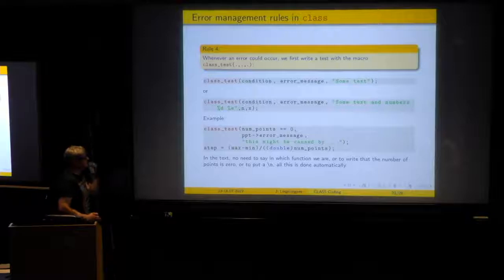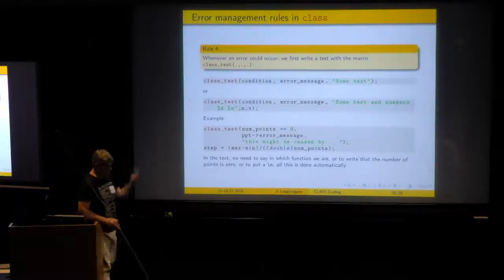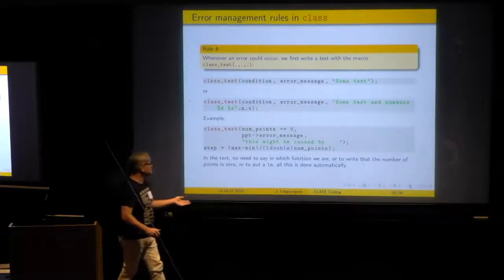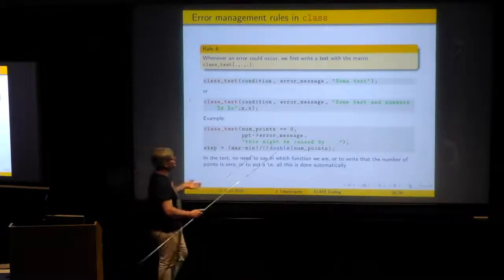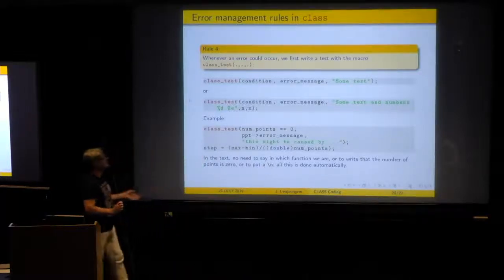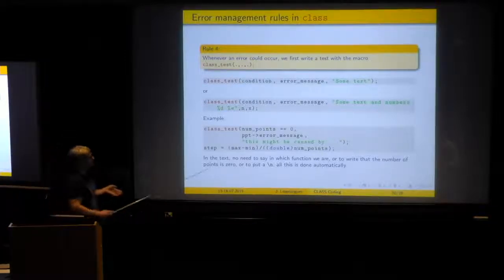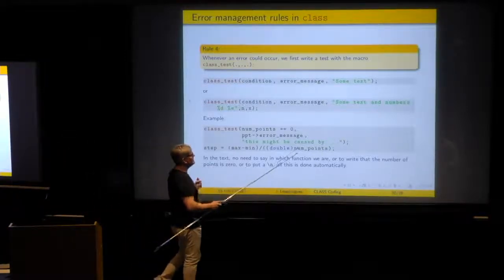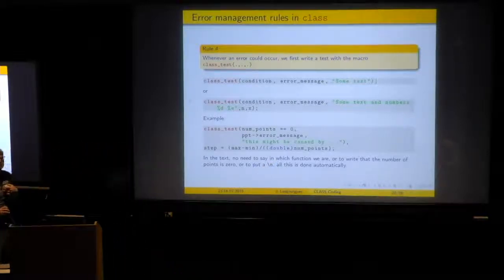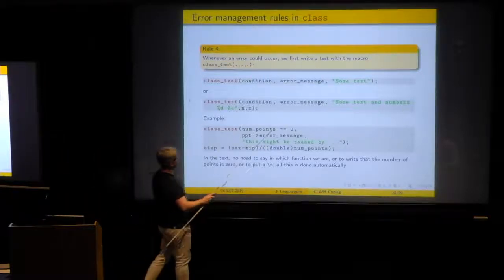When you write this, you realize that you have no control on all the mistakes your users could make, and you cannot guarantee that this will always be non-zero. And you are scared by this. So you say, I'm going to put a class test. And then when this is set accidentally to 0, I am safe. The code is not going to crash. It's going to tell me where the problem was. So for this, you put a class test before of num point equal to 0.